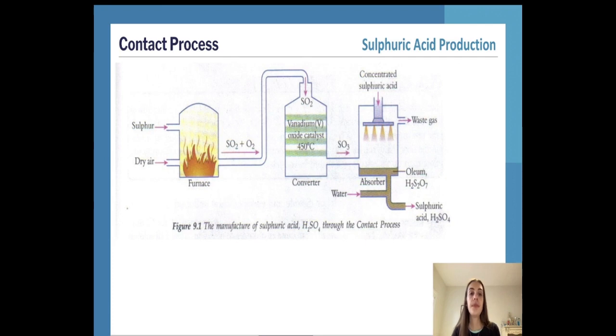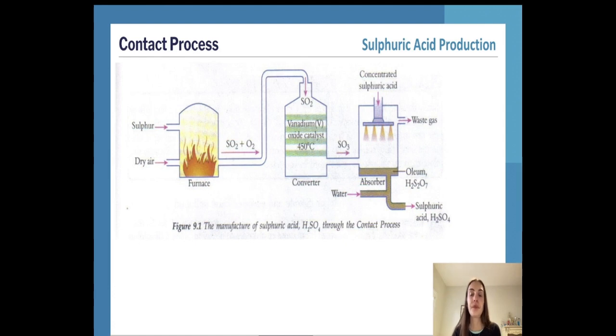So it's mainly a two-step process in which we first start off with sulfur dioxide to sulfur trioxide, and then sulfur trioxide going into the concentrated sulfuric acid.